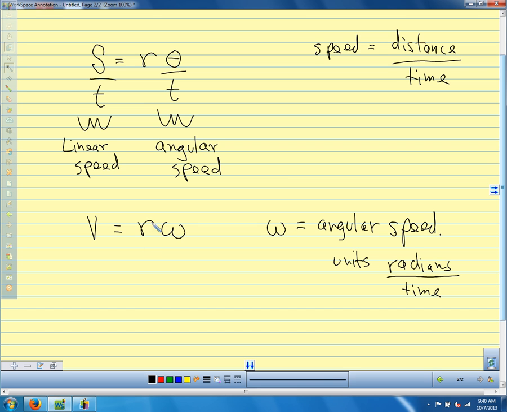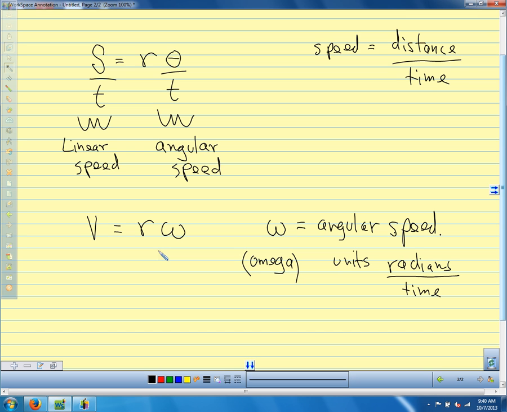A smaller wheel is going to have to turn faster to cover the same distance as a larger wheel. So the smaller wheel is spinning more radians per second to cover that distance. Omega is this letter, a Greek letter. So we usually say v equals r omega for angular speed and linear speed.